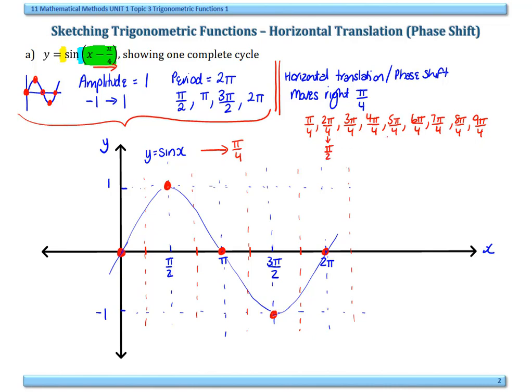Simplify the fractions that you can, and then put in that scale. So now I have pi on 4, 3 pi on 4, 5 pi on 4, 7 pi on 4, and 9 pi on 4.